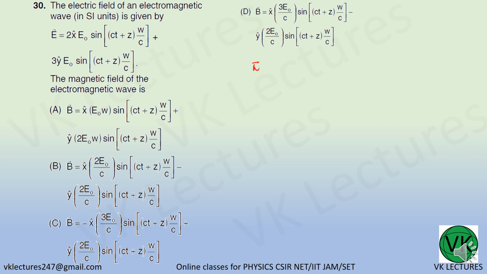What is the electric field? We will rewrite it, making the sine value constant. So E of r comma t, space and time, is equal to E naught times sine of omega by c into ct plus z.